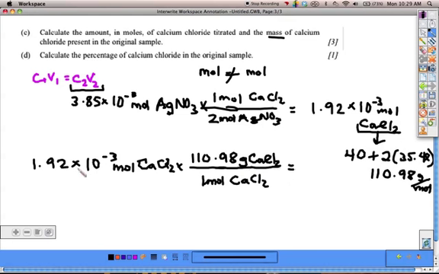I would take 1.92 times 10 to the negative 3 and multiply that by 110.98, and I get 0.214 grams of calcium chloride.